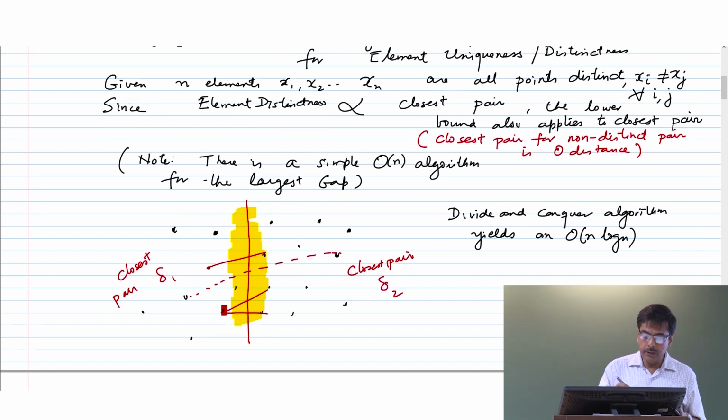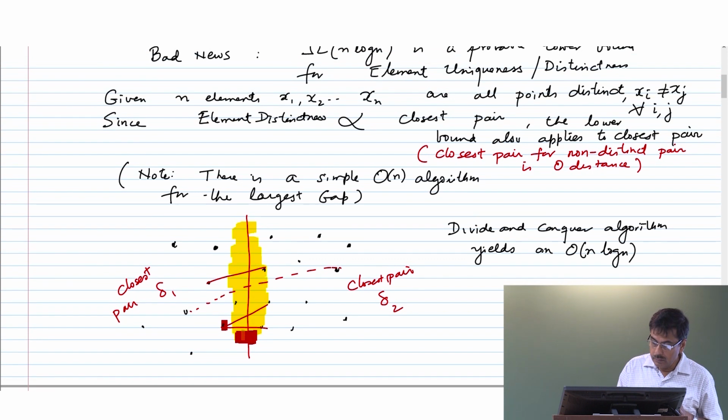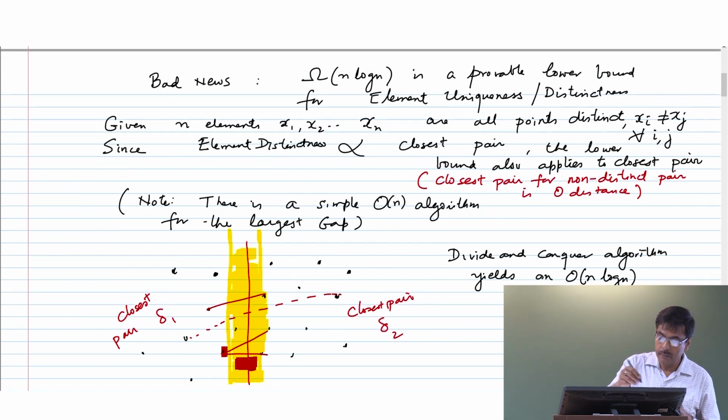So, because of this delta 1 and delta 2, you can confine yourself basically to some boundary around this, some portion of some width. You do not have to go very far, right.